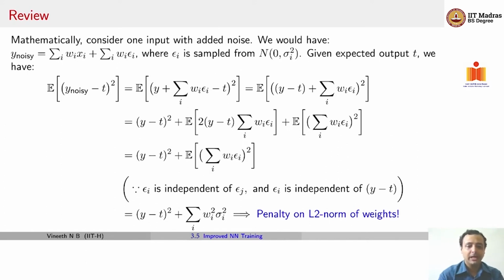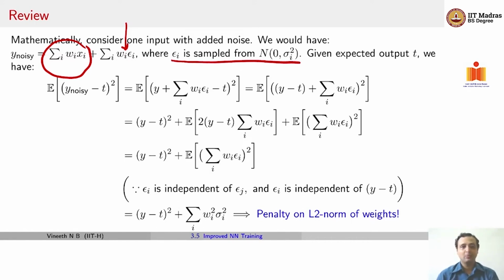Remember here that originally your output would have been only summation Wi xi. So this is a component that got added to the output because you added noise to the input. And what is the noise? Epsilon i, which is sampled from a Gaussian with mean 0 and variance sigma i squared.